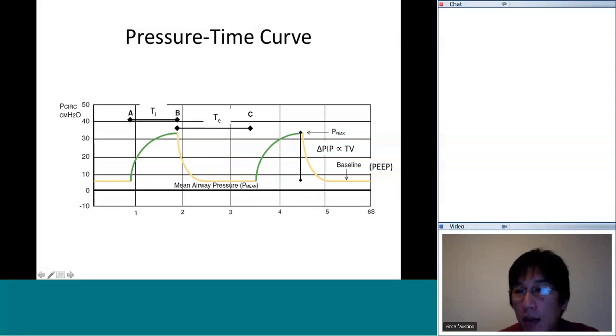However, if it's a volume ventilator, then it's outright to just set your tidal volume and you're all set. The other thing which I'm going to deal with more later is the mean airway pressure. The mean airway pressure is the area under this curve, and as I'm going to tell you later, this is directly correlated with PO2, or oxygenation.